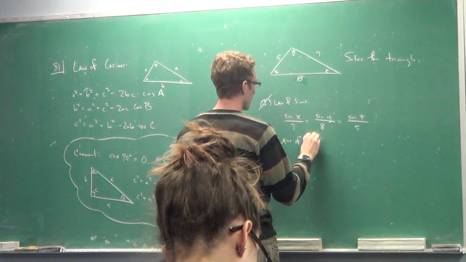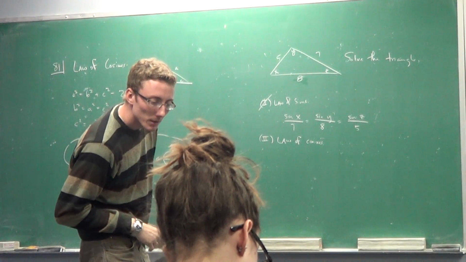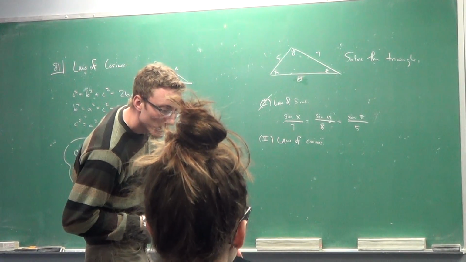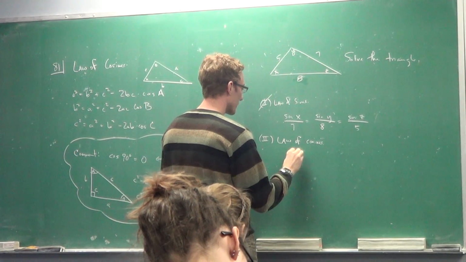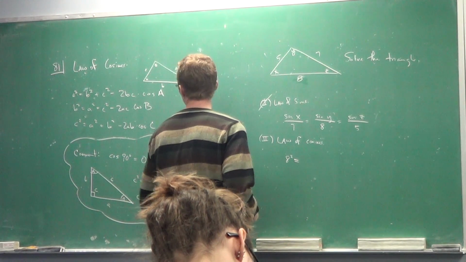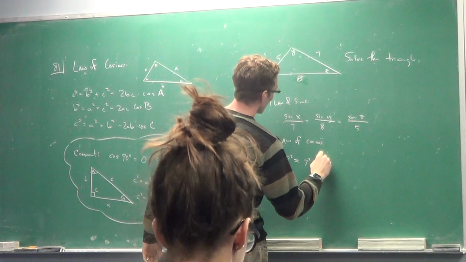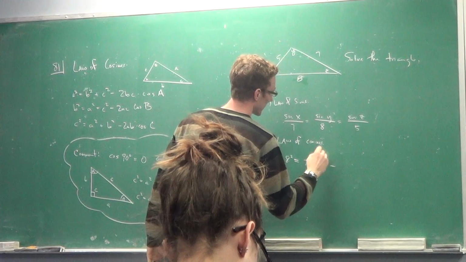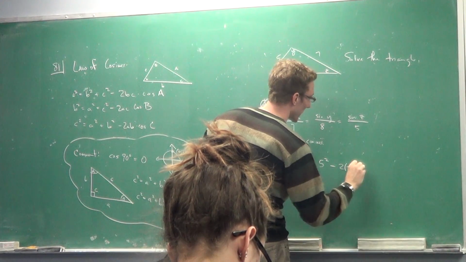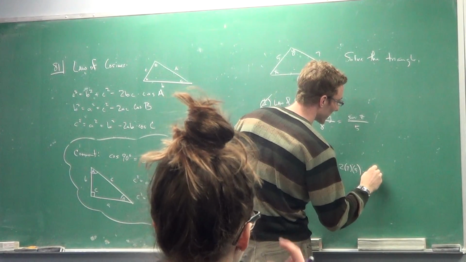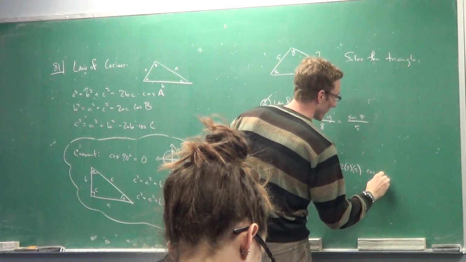We step up to law of cosines. I used 8. So here's the idea. 8 squared equals, that's one of the sides squared, equals the sum of the squares of the other sides minus 2 times the measure of each of those sides times the cosine of the angle opposite the side of 8, which is cosine of y.